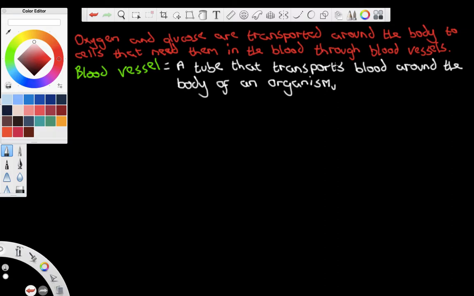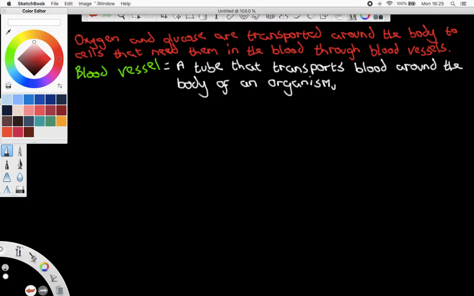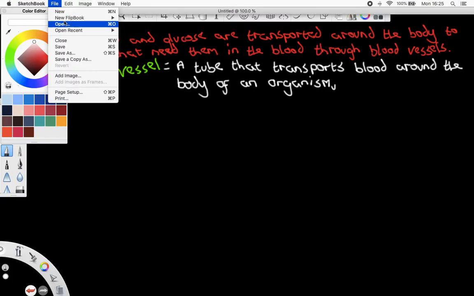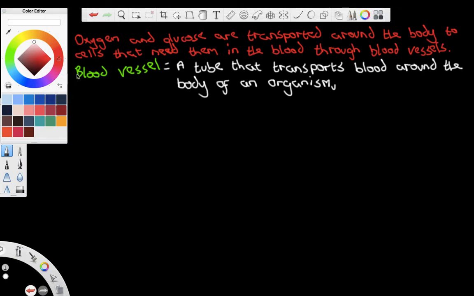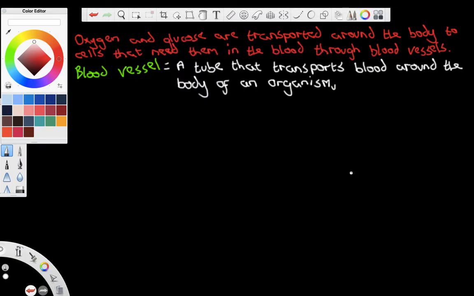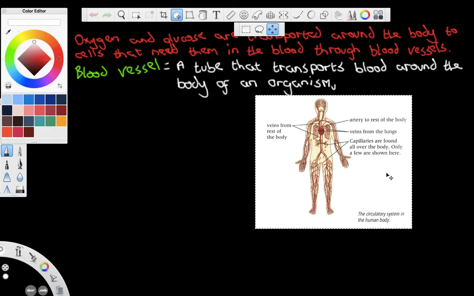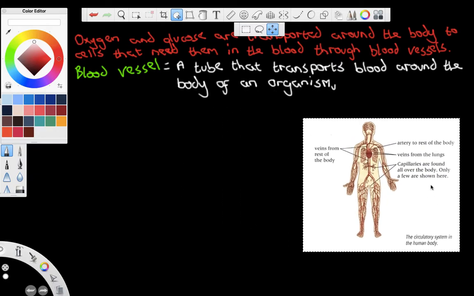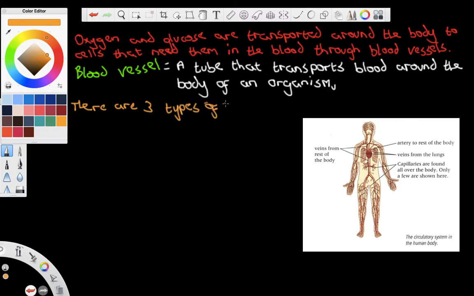Now, there are three types of blood vessel that we're going to touch upon very briefly today. To help us understand this, I've prepared a diagram that is found on the lesson slides. So we can say that there are three types of blood vessel.